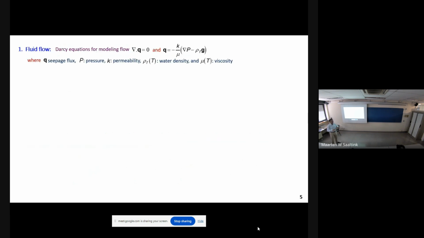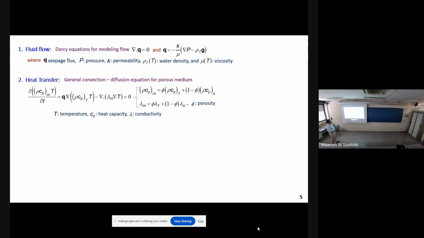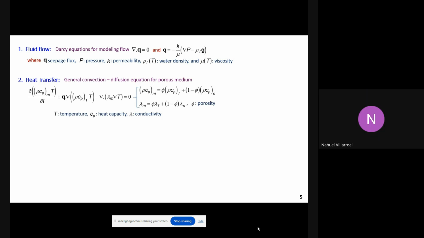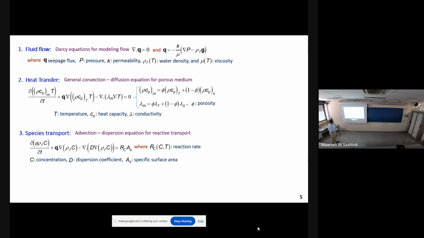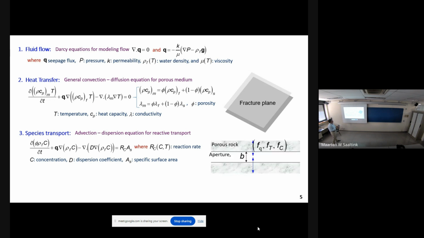Apart from the reactive transport, we have to solve the flow equations that consist of mass balance and momentum balance, Darcy's law, and heat transfer equations, along with the species transport, which I said will be brought down to only one. This is the general equation for a three-dimensional porous medium. We have a slight modification for a fracture.